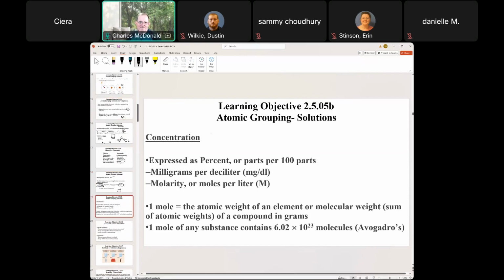Here's something that we really got to wrap our heads around, because this is going to be super, super important: concentration.